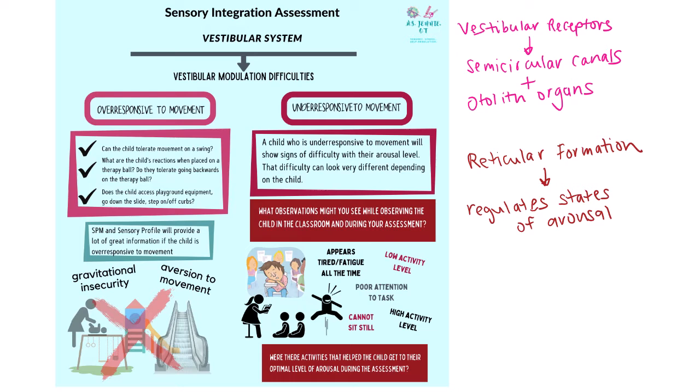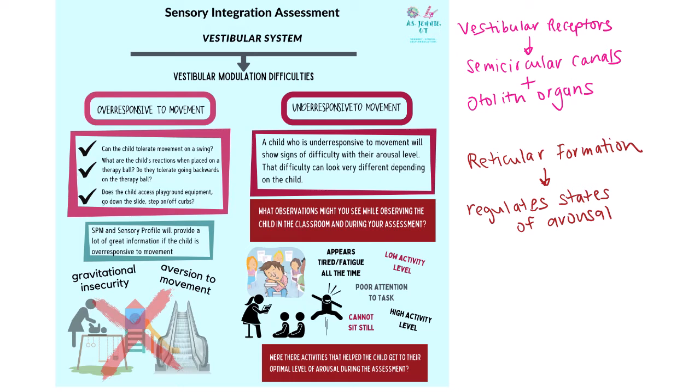You have the reticular formation in there, which regulates your arousal level, which is why it's associated with vestibular processing. But there's just so much to it. If you're interested in learning more, I would really recommend the USC sensory integration course that I took, which explained all of those nervous system connections really well.